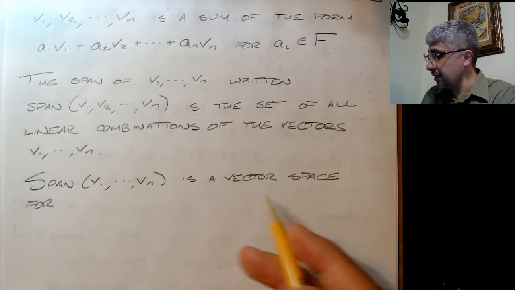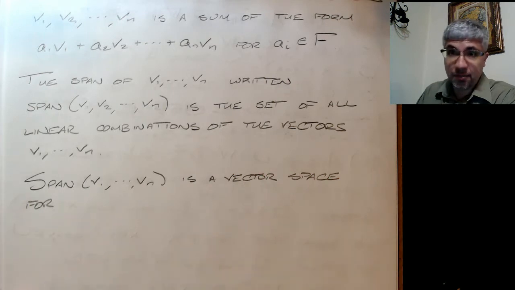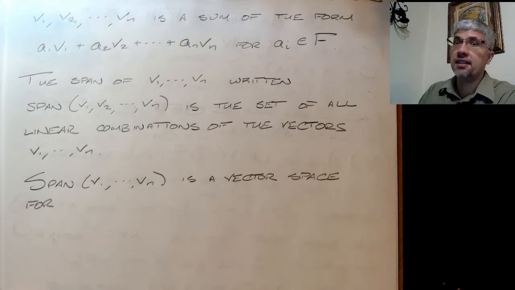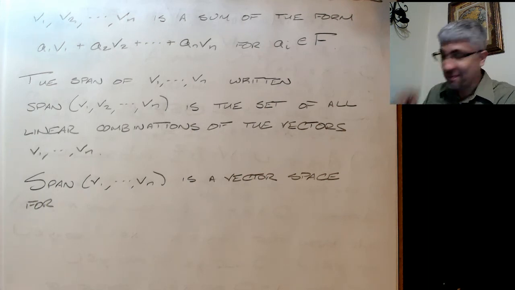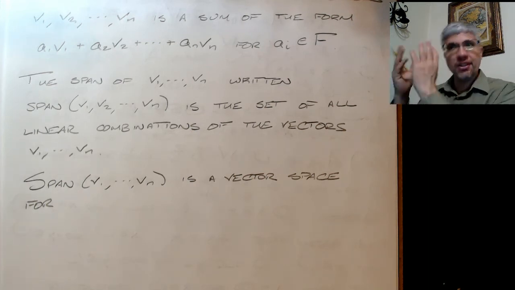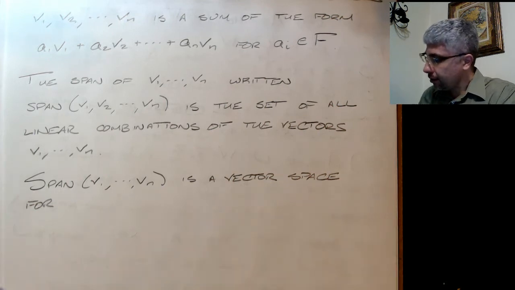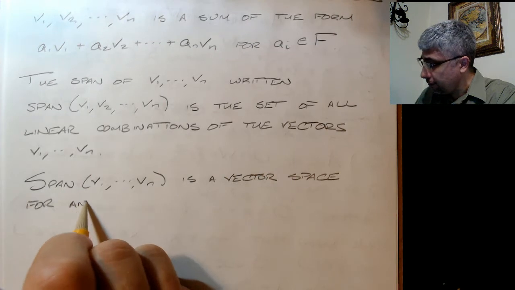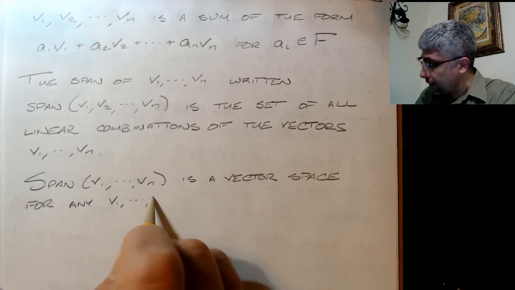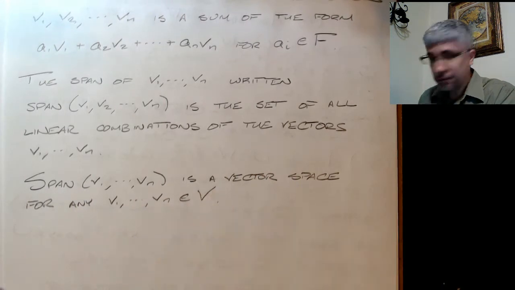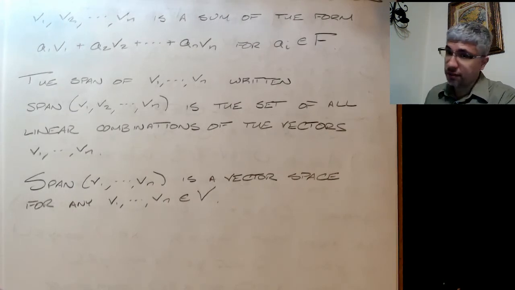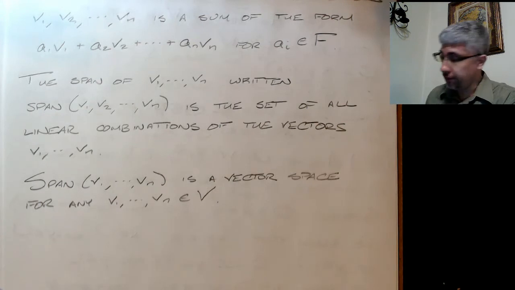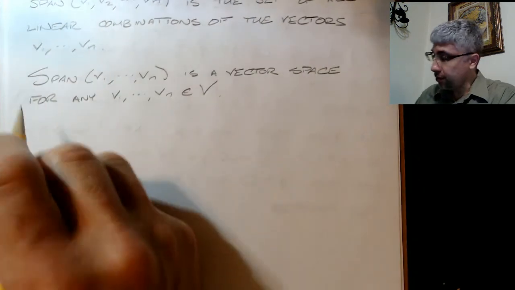So I could have said it is a vector subspace, but a vector subspace is a vector space, and if it's a subset that's a vector space, hopefully by now you also know that it's a subspace. The language is convenient in that way. Okay, so the span of these vectors is a vector space for any vectors we pick. And throughout all of this, we're just assuming V is some vector space over some field F. Okay, so let's prove it.